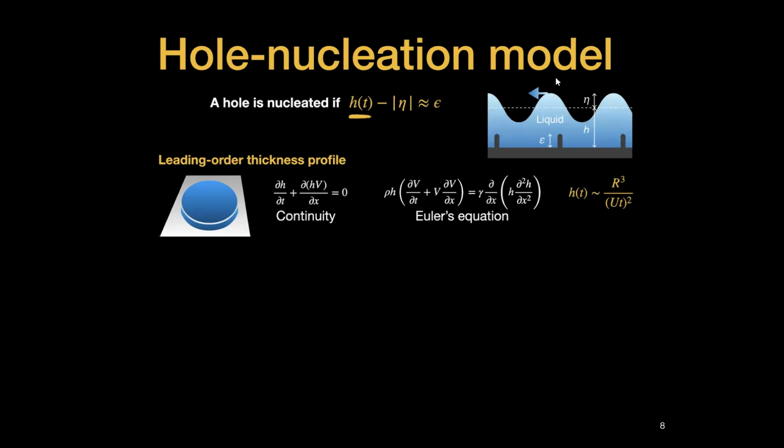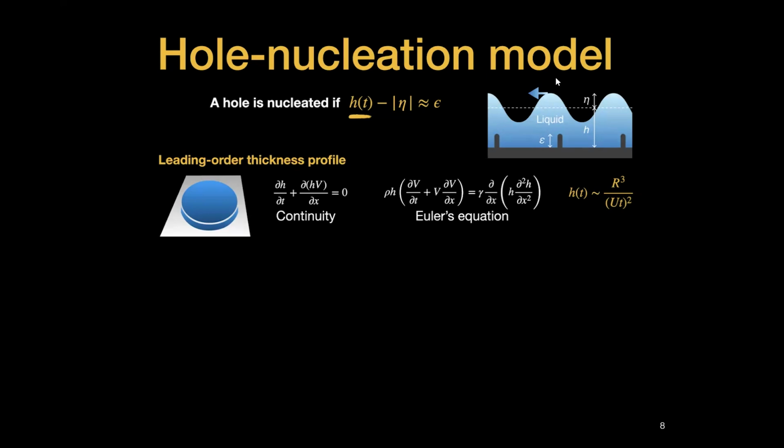We use the Euler equation, ignoring the viscous term. We take into account only the capillary surface tension force, which depends on the curvature of the upper interface. And then we assume h follows r cubed divided by U t squared, an expression that comes from the Savart sheet.